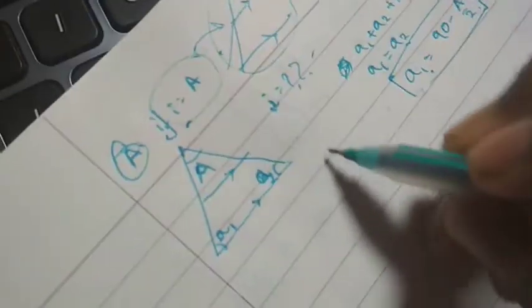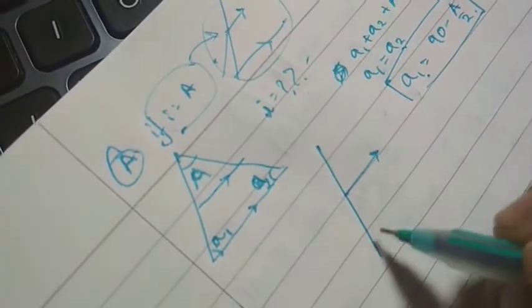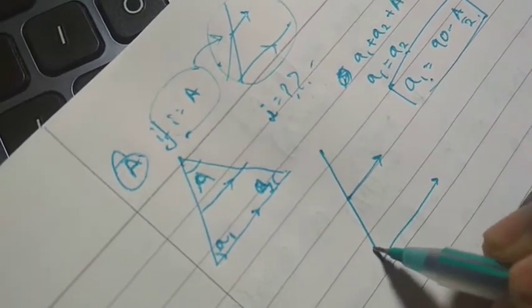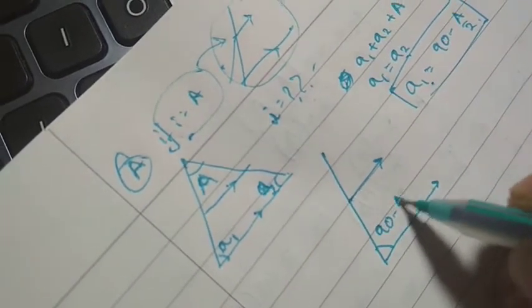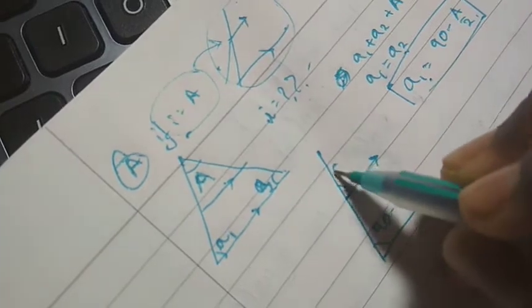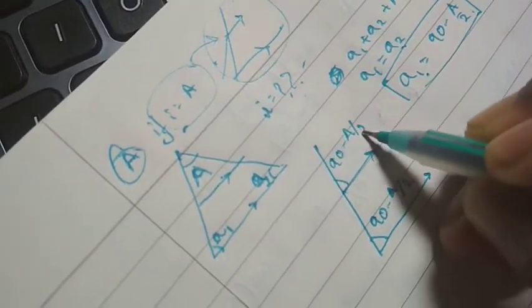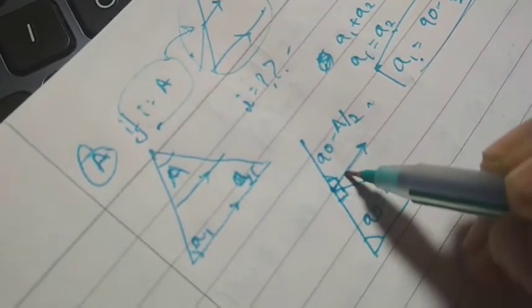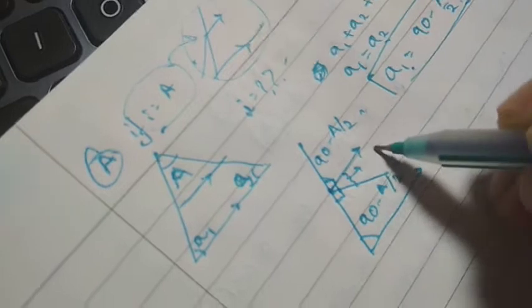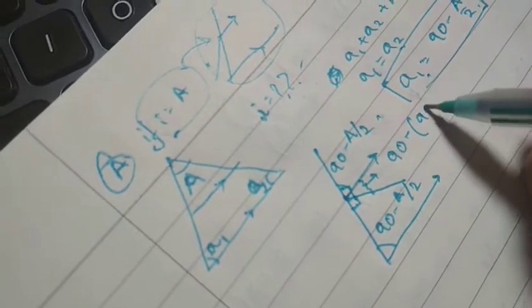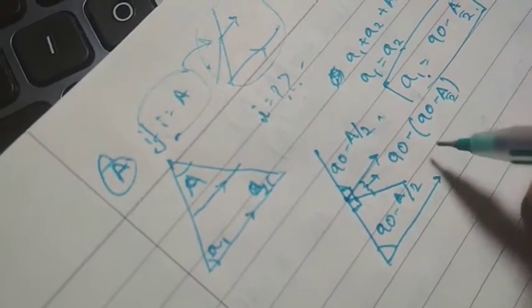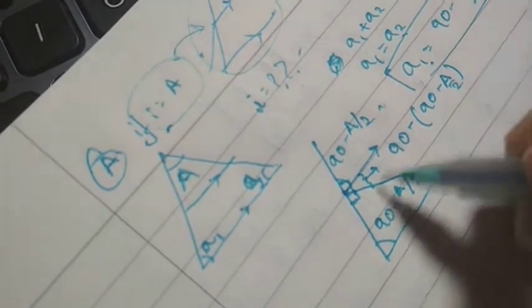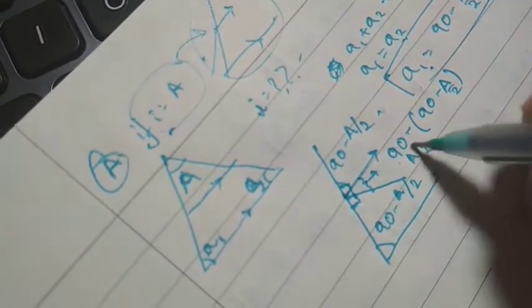Now a property of parallel lines is that if this is 90 minus A by 2, then this is also 90 minus A by 2, right? But this is the normal, so this angle is 90 minus (90 minus A by 2), so this angle is actually A by 2.